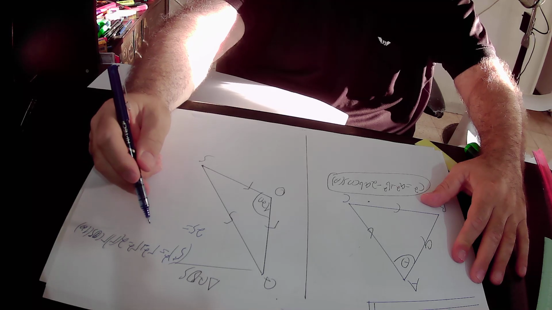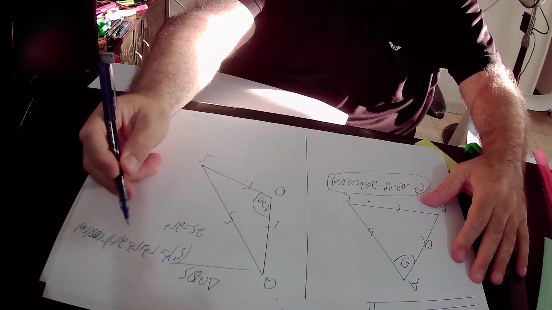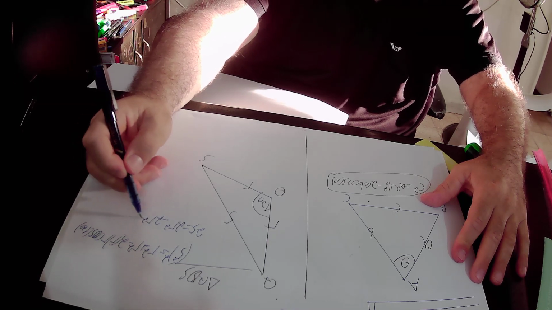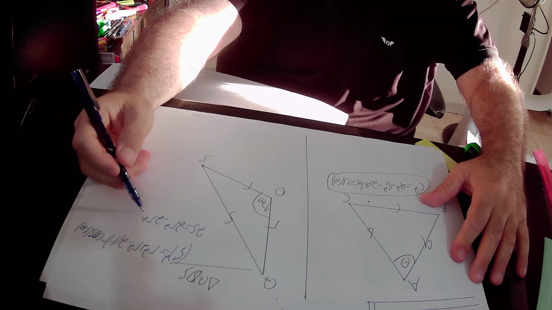That is equal to r squared plus r squared, which is 2r squared, minus 2 times r times r, which is minus 2r squared, times cosine 120 degrees, which equals minus 1/2.